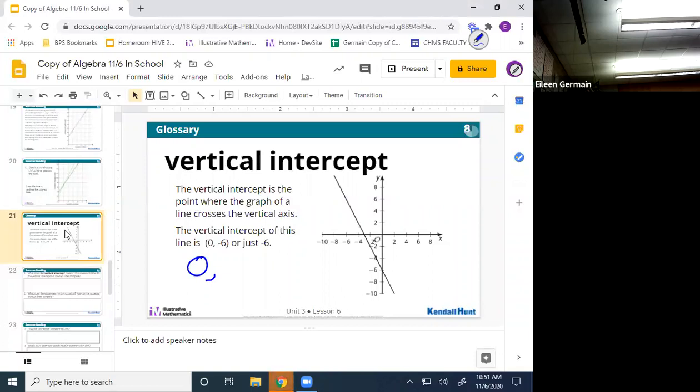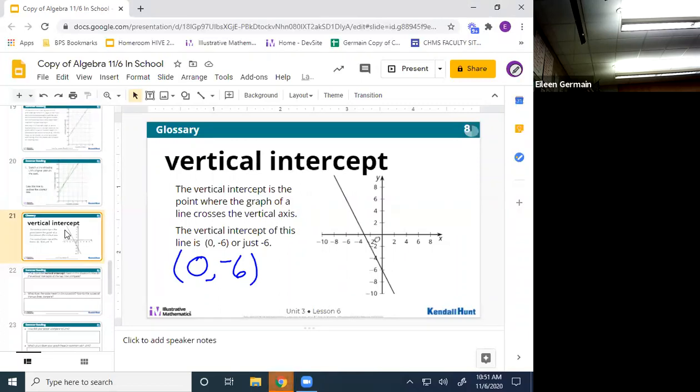If you look at this line right here, where does this equation cross our y-axis? 0, comma, what? -6. Very good. Now, my friends that are in school, where does this equation cross our y-axis?